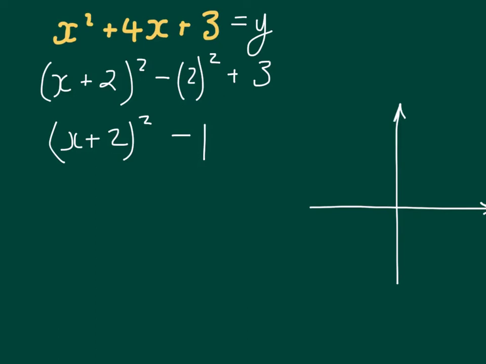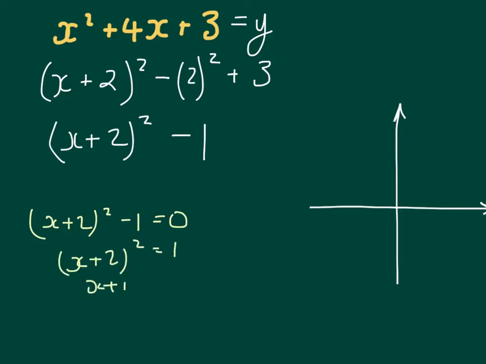Now if I set that equal to 0, x plus 2 squared less 1 equals 0, I can find the roots where that's going to cross. x plus 2 squared is 1, so x plus 2 is the square root of 1, which is plus or minus 1. If you forget that, I'm going to hurt you.